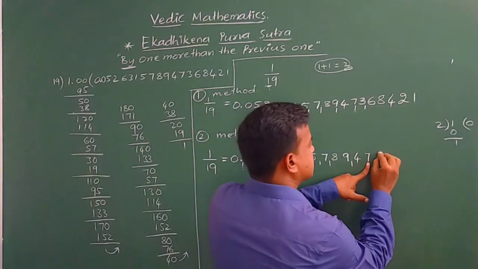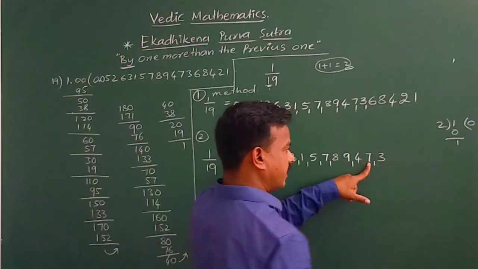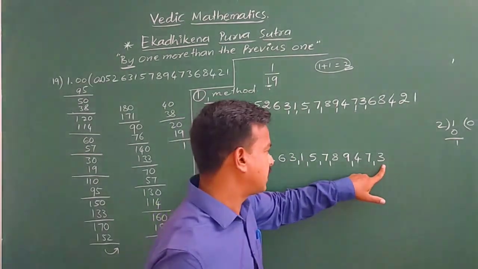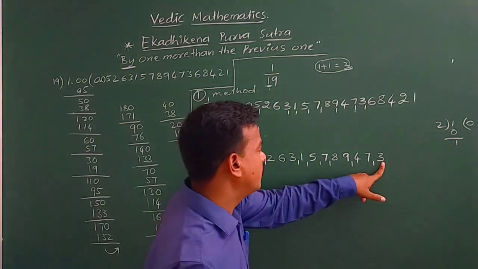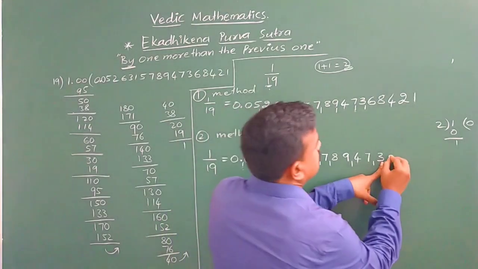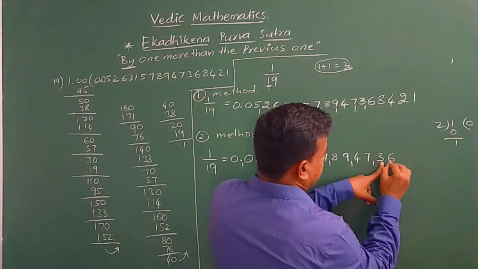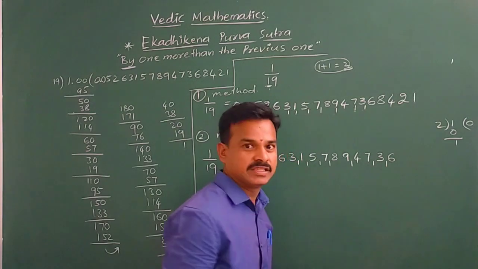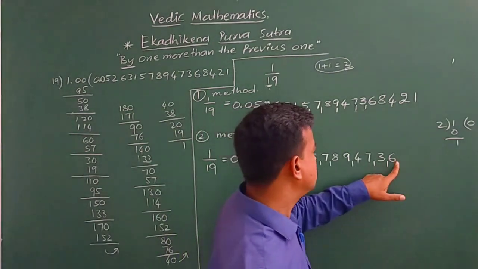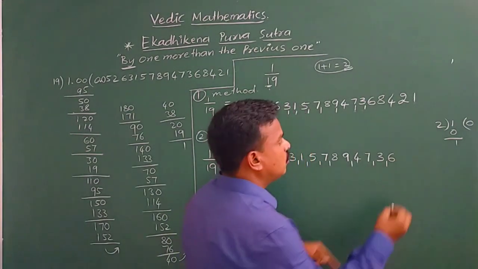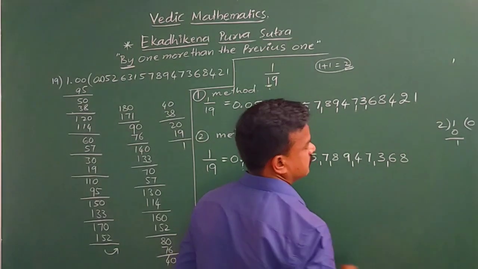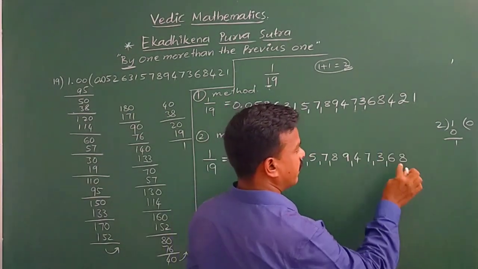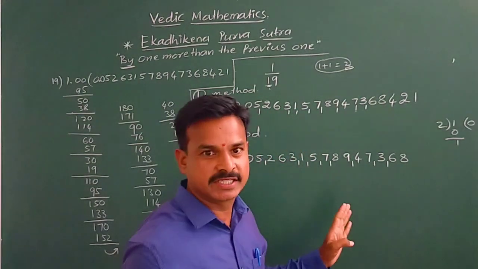Again 2 3s are 6 and 1 remainder. 13 is the number. You divide 13 by 2. 2 6s are 12 and 1 remainder. You write it as the prefix. And now this number is 16. 2 8s are 16. There is no remainder. We need not write any prefix.